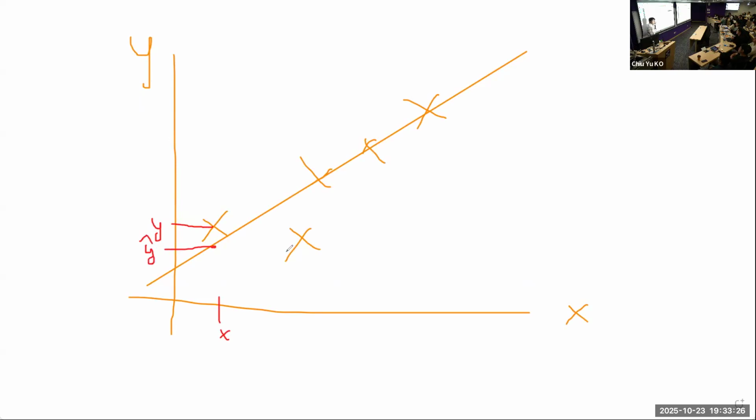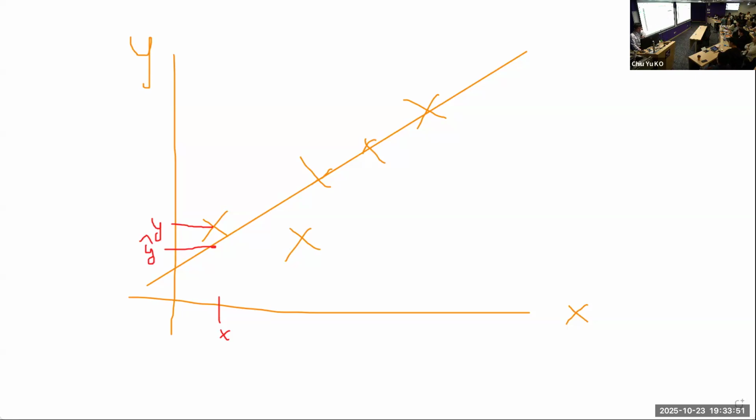Y hat is your model, Y is your data. I want to put these two numbers into a scatter plot. That is a Y hat plot. If the Y hat plot is a 45-degree line, then it is a perfect fit. Is that clear? So Y is your data, Y hat is your model.